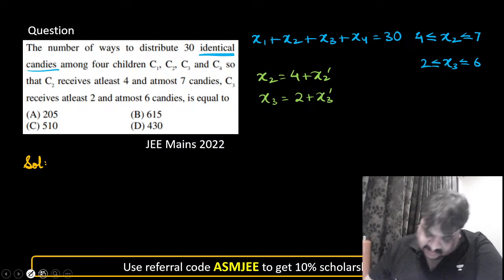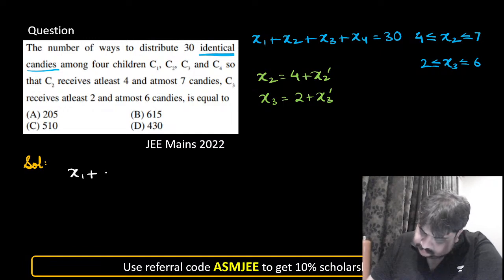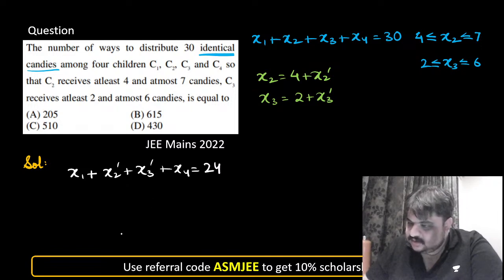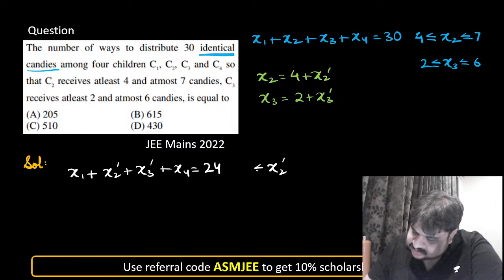So what changes in the question? One, this will be 24, and x2 dash is from 0 to 3 and x3 dash will be from 0 to 4.